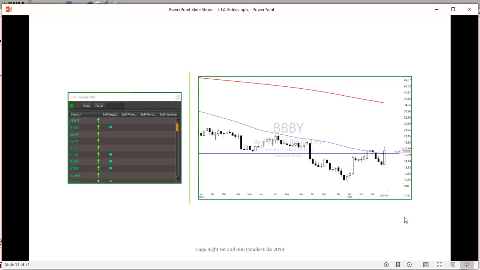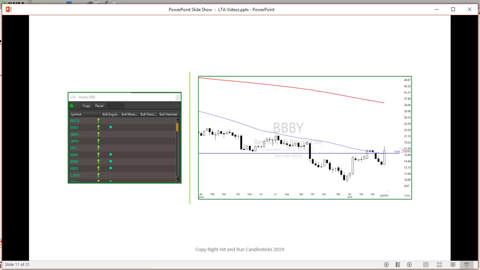Okay, BBY. BBY was a monster here the other day, absolutely rocking when it started to create an RBB setup, and this is on a weekly, and I want to point that out. You can set up this strategy, for that matter any strategy, any candlestick signal, anything we have on the scanner, in multiple time frames.